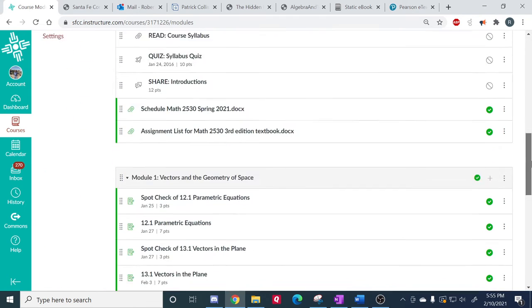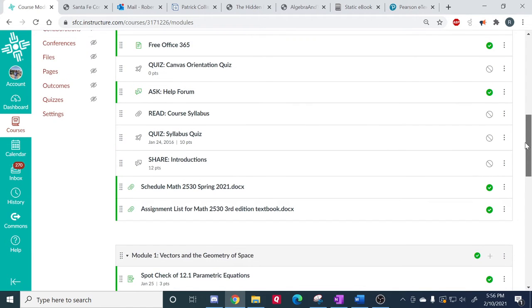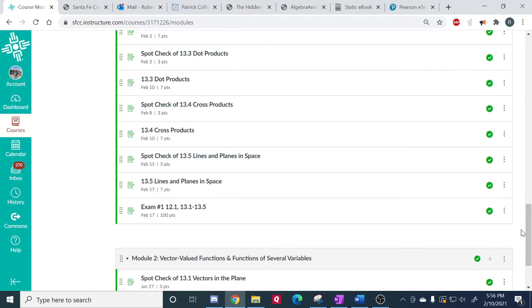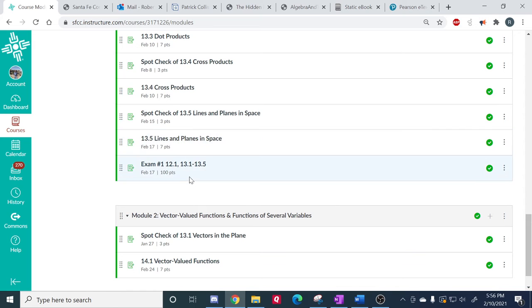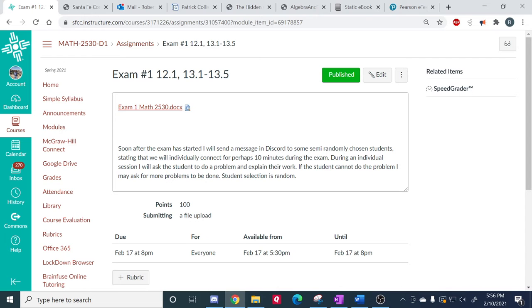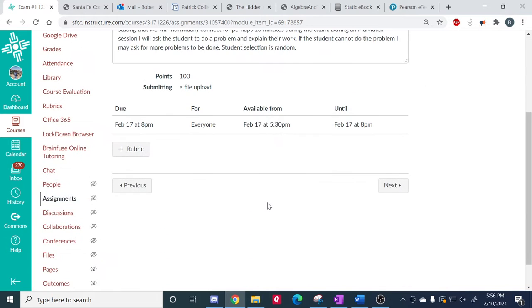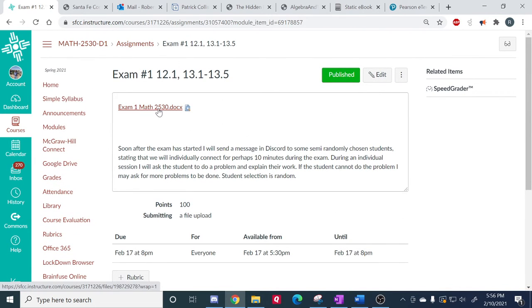When you go to the end of here, see that says Exam 1? Yes. And you'll click on Exam 1, and it says February 17th. Then this will not be available for you right now.